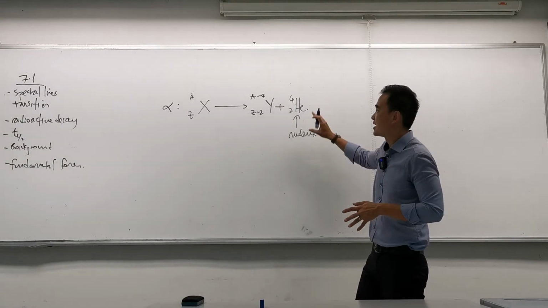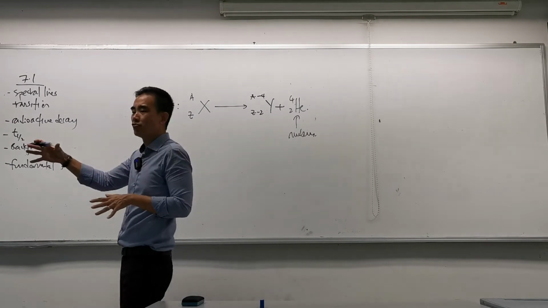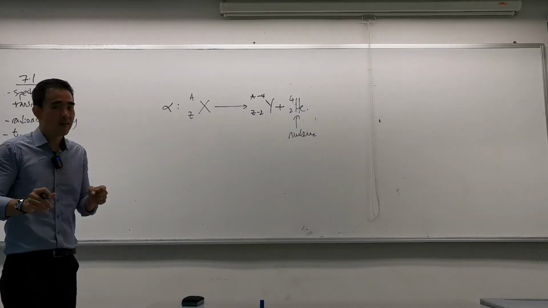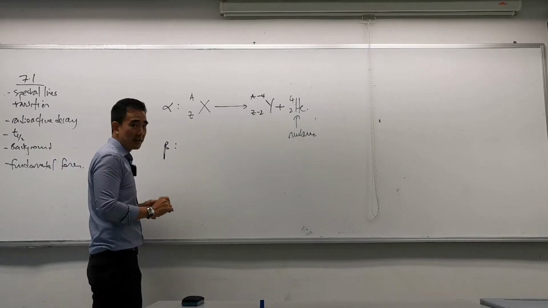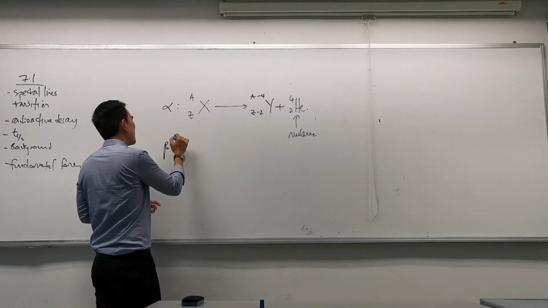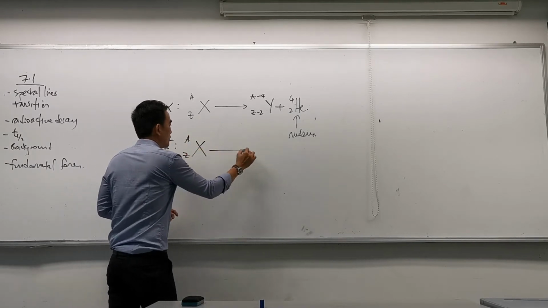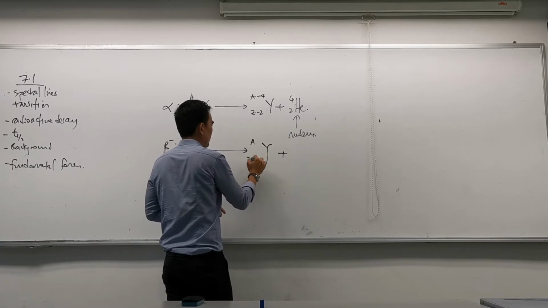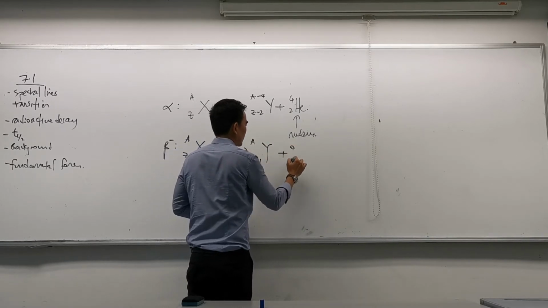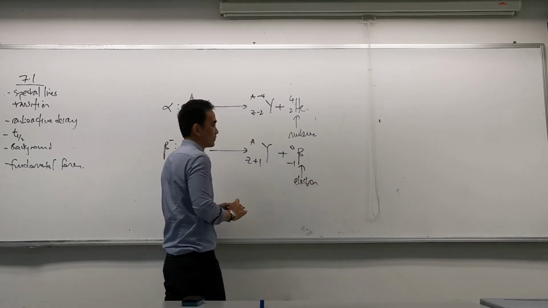Now, the other process that a nucleus can use to stabilize itself when it has too many neutrons and too many protons is via this thing called beta decay. Beta plus decay, or beta minus, which is the more frequent one, involves the emission of an electron. This is essentially an electron.